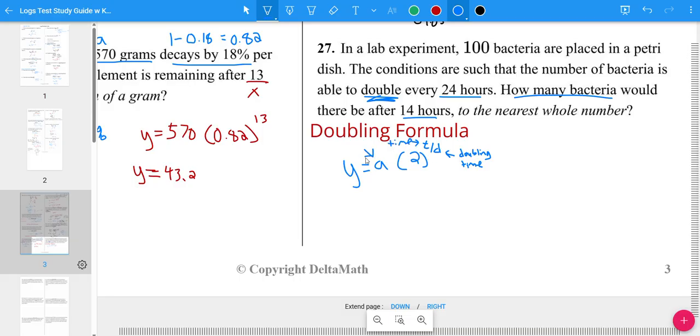And my A is my starting amount. Same as before. My initial amount is what we were saying before, starting or initial. I'll be consistent. Initial amount. And then this would be my, I'm ahead of myself, my ending amount.